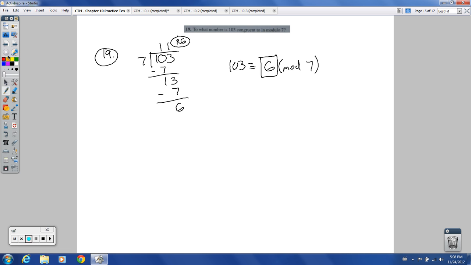And that's why I check my answers. I'm trying to go too fast there, I think. That should be a 3. That should not be a 1. Let's put that in black, which would make this different. This would go into here 4 whole times. That would change my remainder.